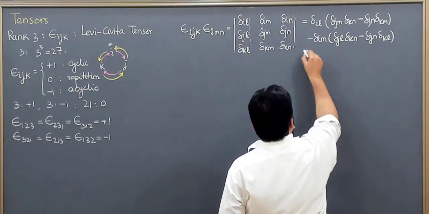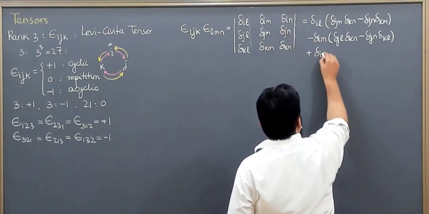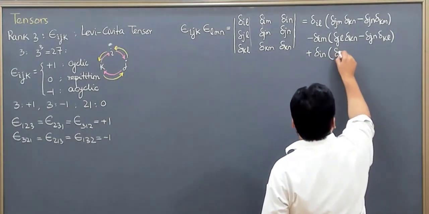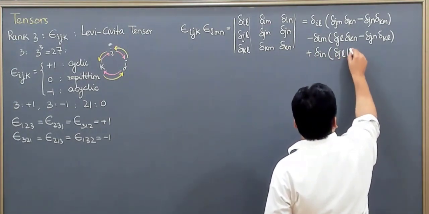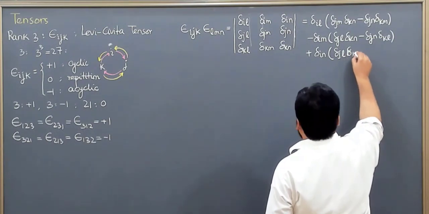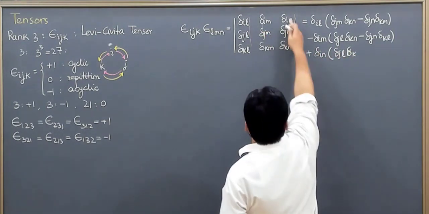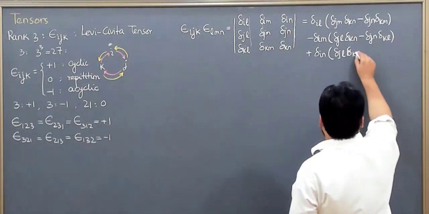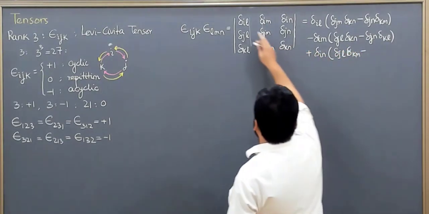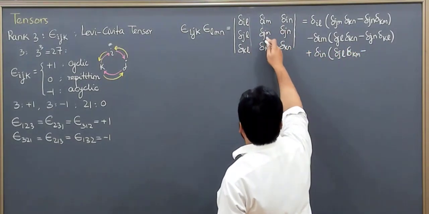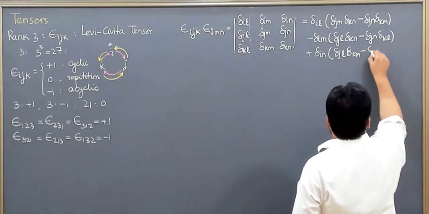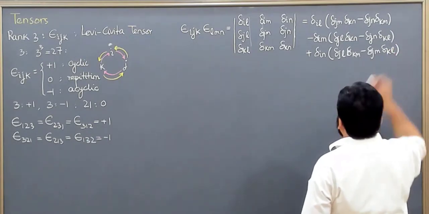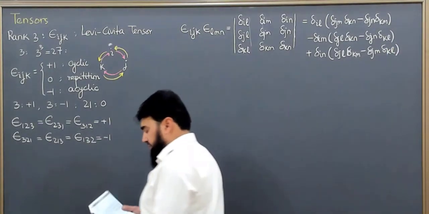Plus the third one, delta in times delta jl delta km minus delta jm delta kl.